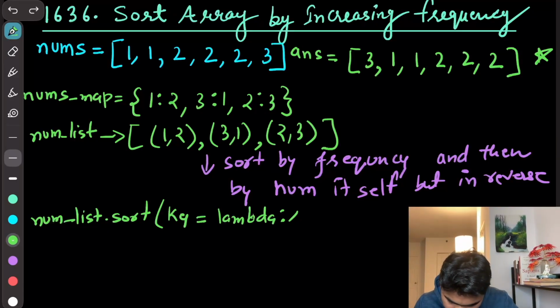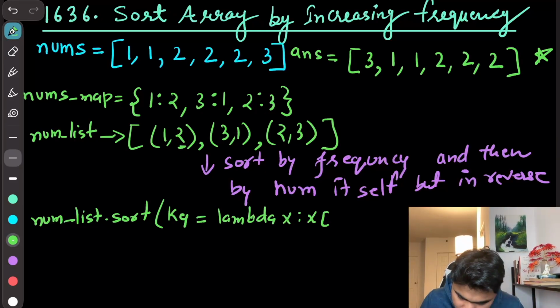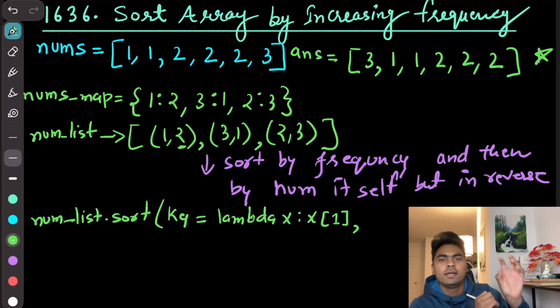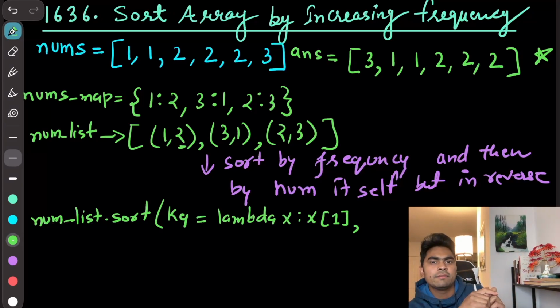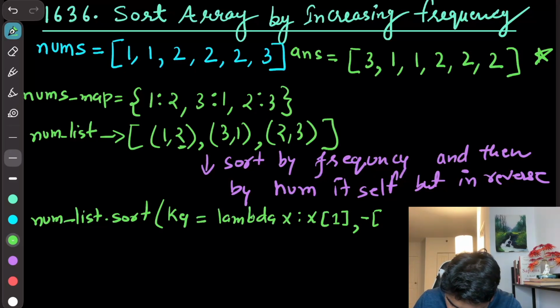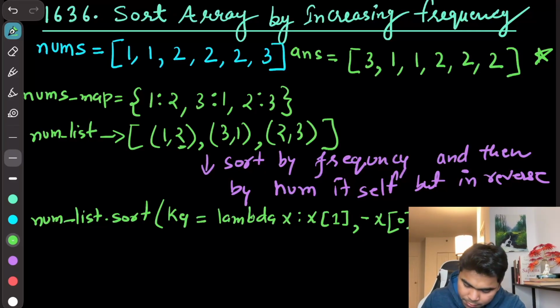The proper syntax is lambda x, and then x[1], which is the frequency. But then you're going to provide one more case here. If there was a situation where two frequencies are the same, then in reverse order you want to sort by the first value, which is the number itself.